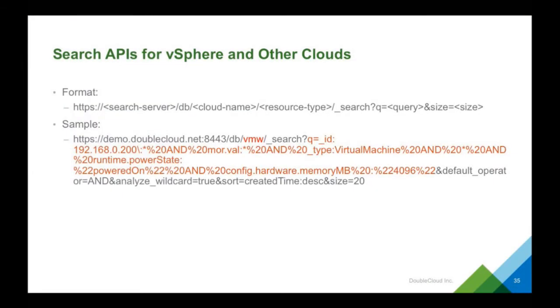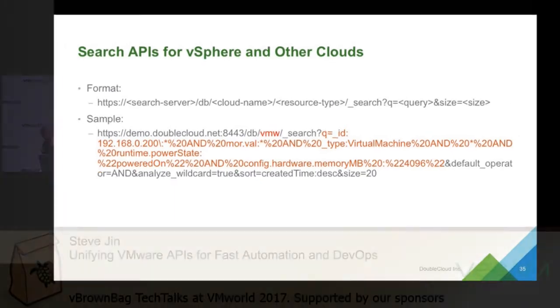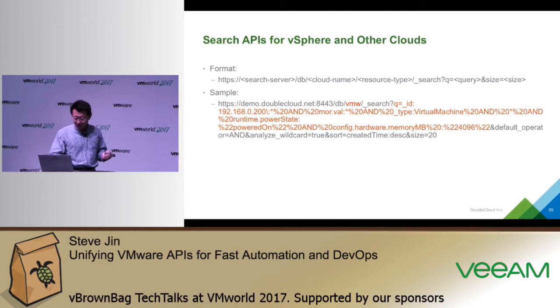In the VMware case, it is the VMware stock symbol, and then the resource type, and then you can search. And then you can grab all your inventory structure. So this is a sample of what the REST API looks like. Now, this is very easy to do cross-product search, get hold of anything you want.